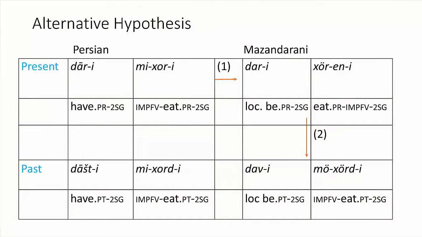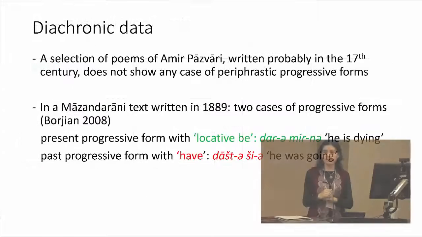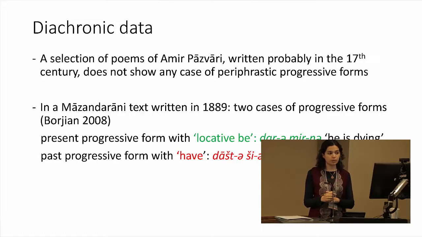Now, if we look at the diachronic data from Mazandarani, first we see that a selection of poems of Amir Pazvari, who was a poet who wrote in Mazandarani in the 18th century, doesn't show any record of the periphrastic progressive form. So we don't have any record of this progressive form in his selection of poems.